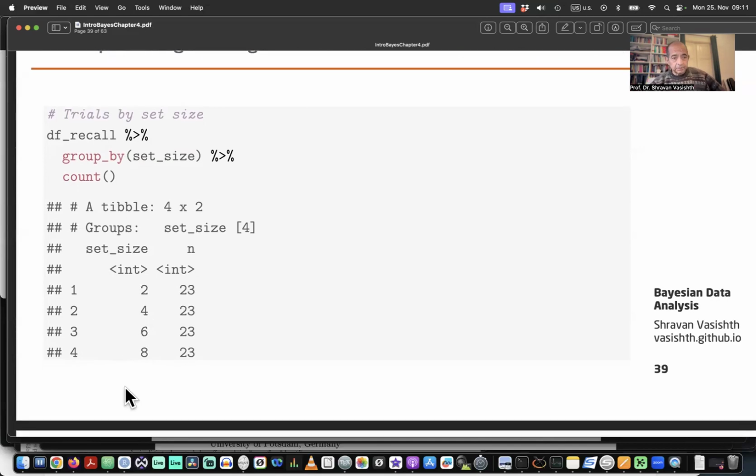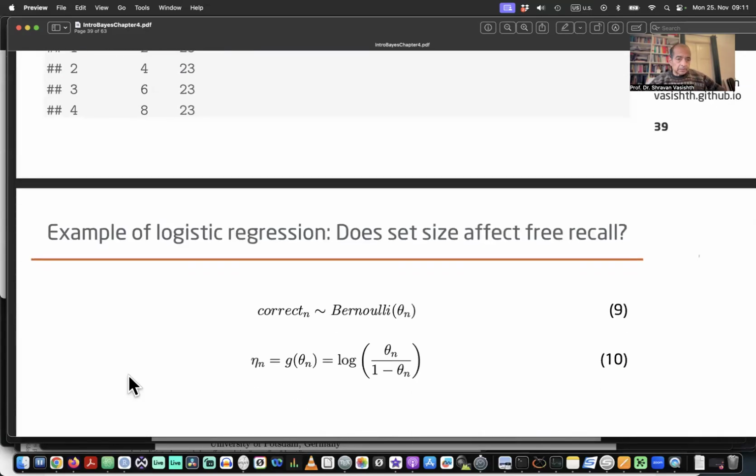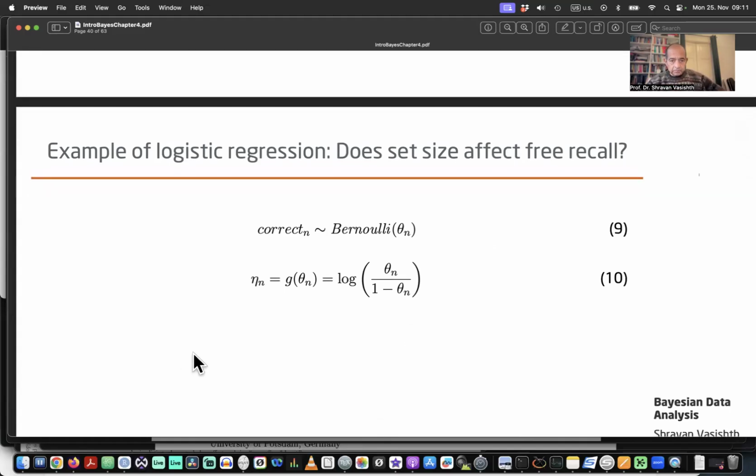So there are repeated measurements here, which will become relevant when we get to chapter 5. But right now we are going to work with the simplifying assumption that we have independent data in the entire data frame. It's not quite right here, but good enough for our current purposes.